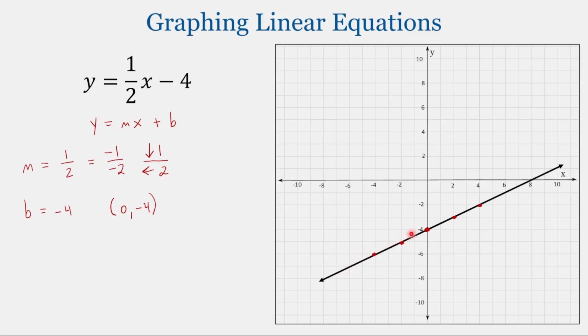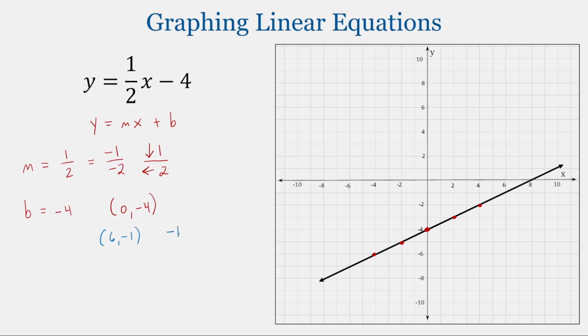And this line represents all the ordered pairs, all those x, y values, that when you plug them into this equation, you get a true statement. So for example, it looks like the point (6, -1) is on this line. Let's verify that that point makes this equation true. We're going to plug these x, y values into the equation.